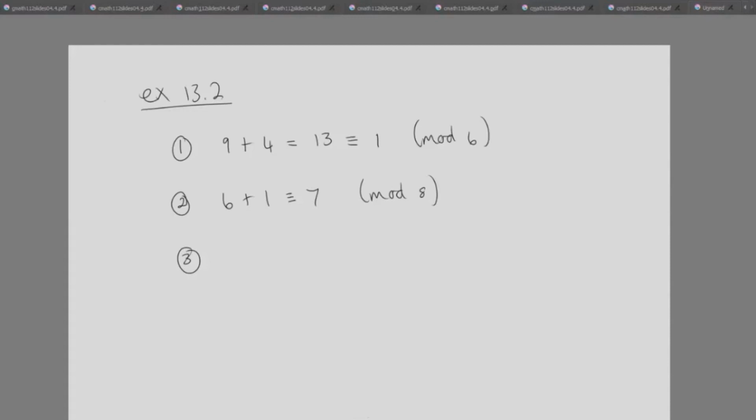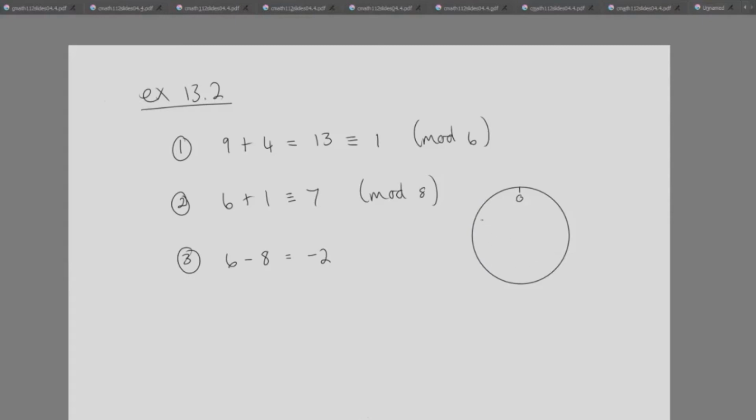6 minus 8, mod 5. We haven't done minus a lot, so it's good practice. I'm working mod 5. So I know 6 minus 8 is negative 2. But if I think about my mod 5 circle, let's put it over there. 0.